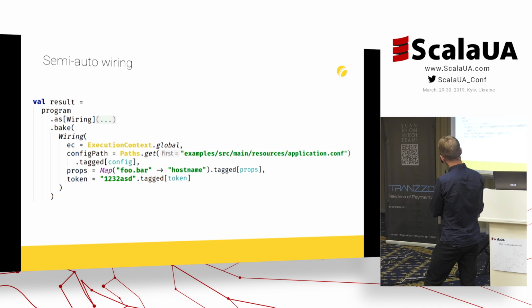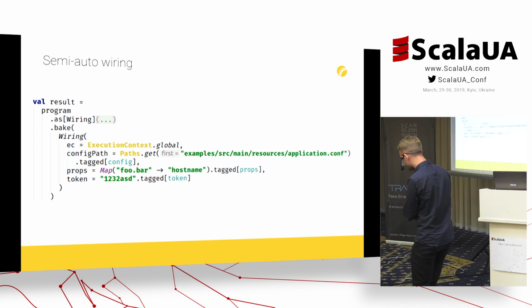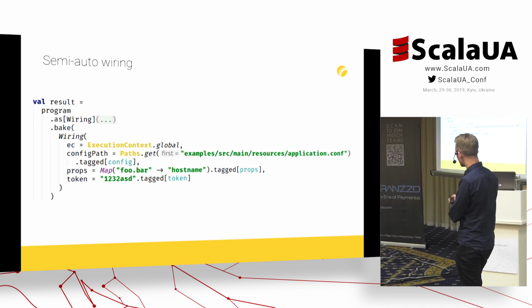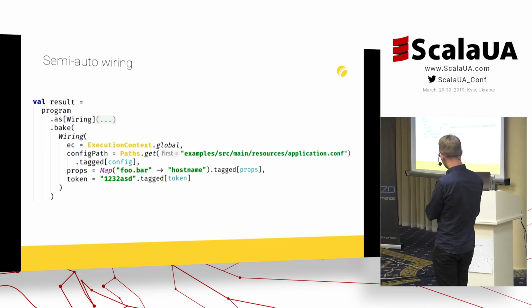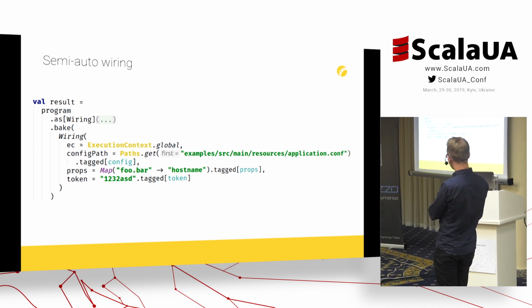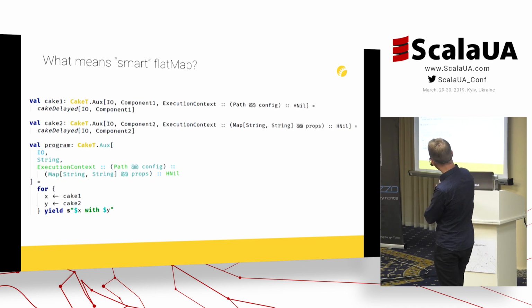For instance, execution context, configuration path, tagged, properties, and some token. It doesn't matter. And as a result, you will have, in this case, an IO monad of string, because the resulting type of this cake is just string.